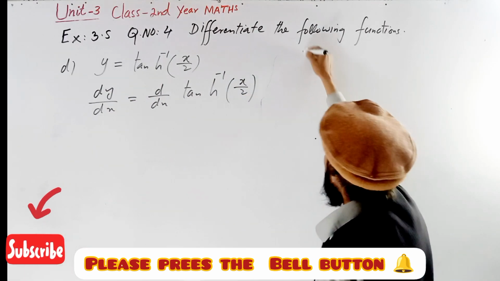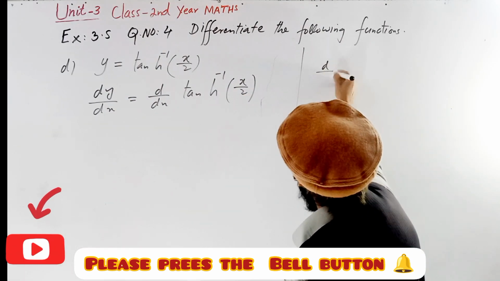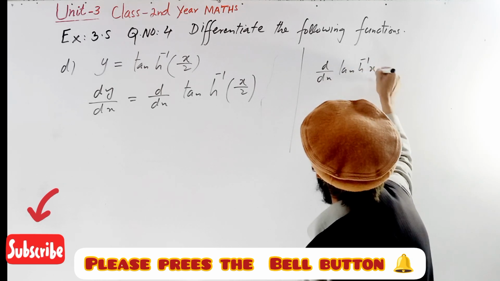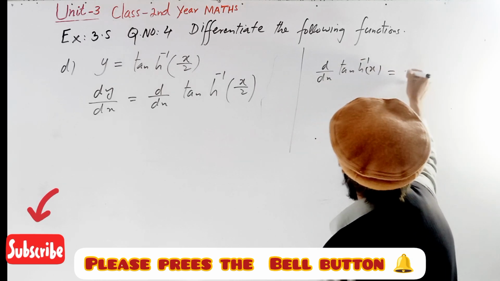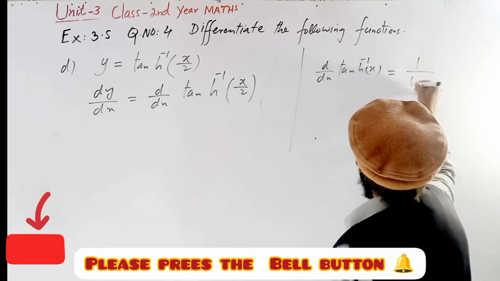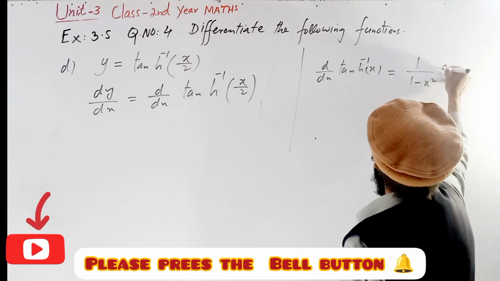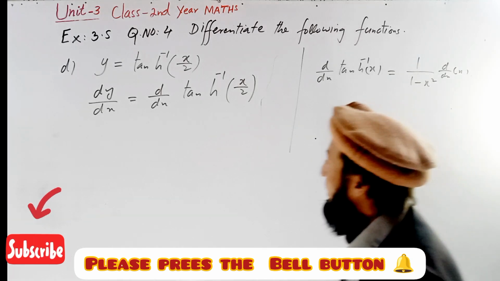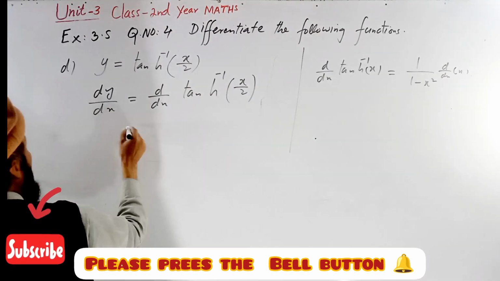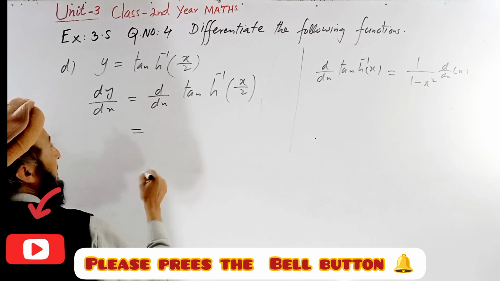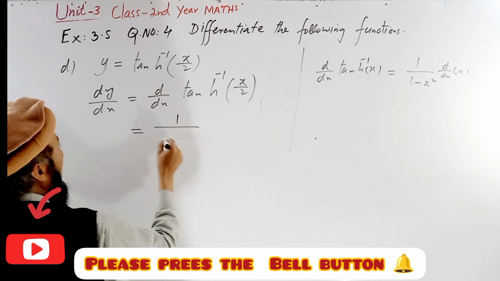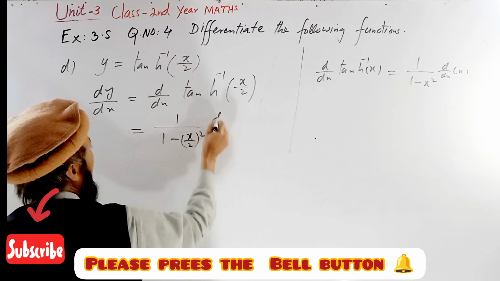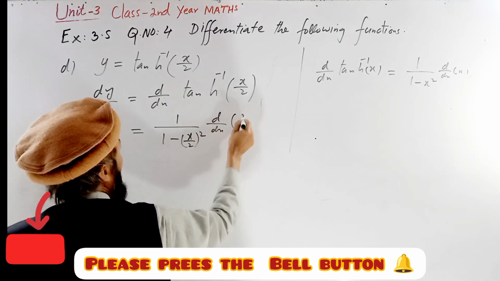According to the formula, first of all we write the formula: the derivative of tanh inverse x is equal to 1 divided by 1 minus x squared, and further the derivative of x. So according to this formula, applying it here, we get 1 divided by 1 minus, in the place of x, x by 2, and further the derivative of x by 2.